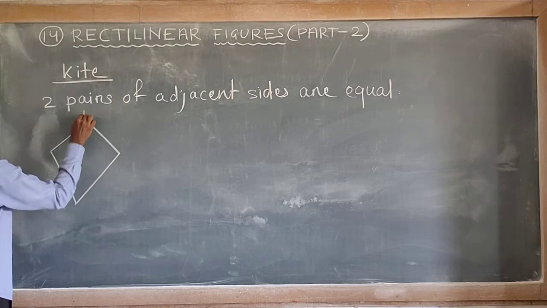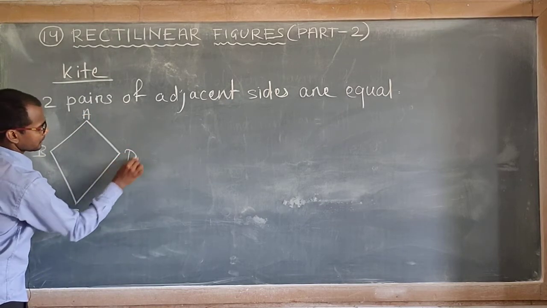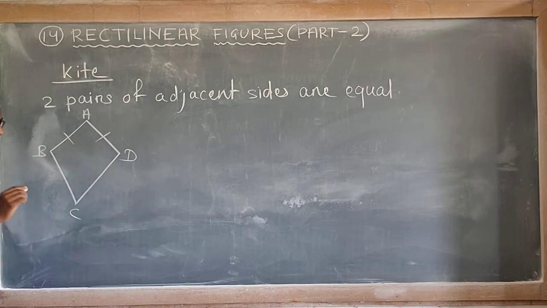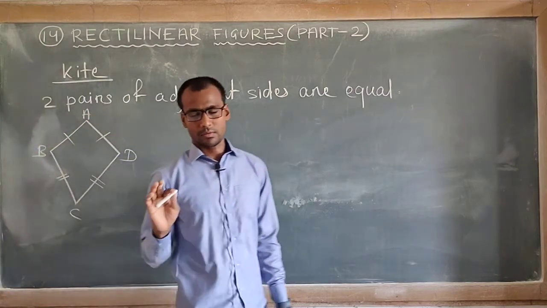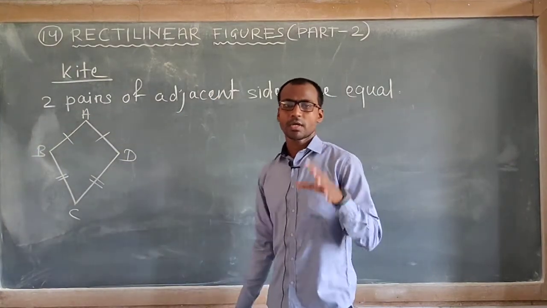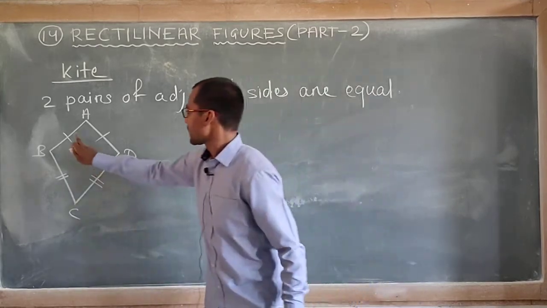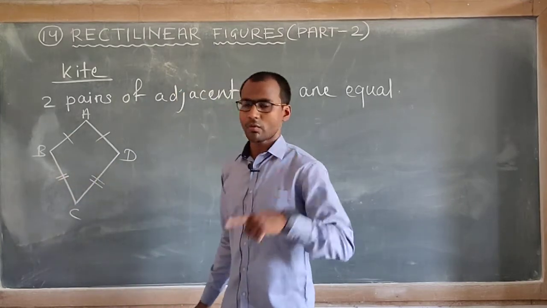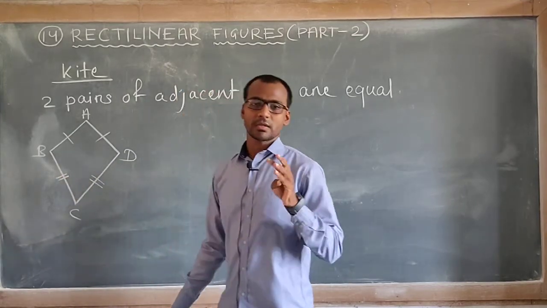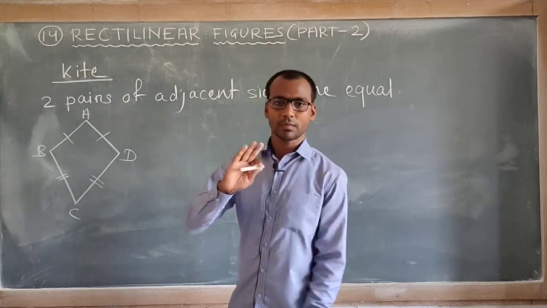This is A, B, C, D. These two sides will be equal and these two sides will be equal. So this is a kite. You have already seen kites from your childhood. One pair means these two sides forming one pair, these two sides forming another pair. So two pairs of adjacent sides are equal in a kite. This is the definition of a kite.